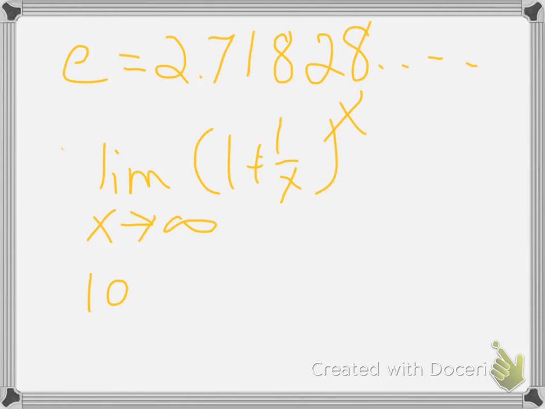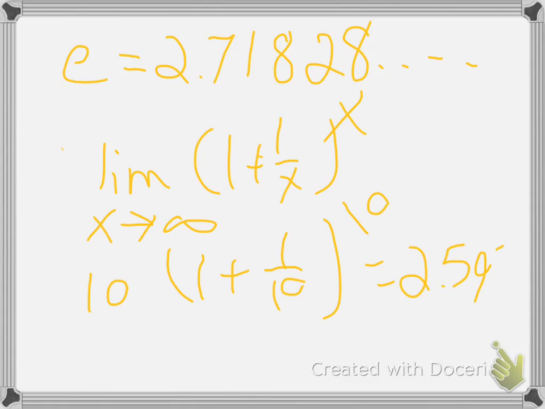If I were to enter 10 into this function, (1 plus 1 over 10) all raised to the 10, you should get something like 2.593 on your calculator. So it's in the ballpark, not exactly 2.718.